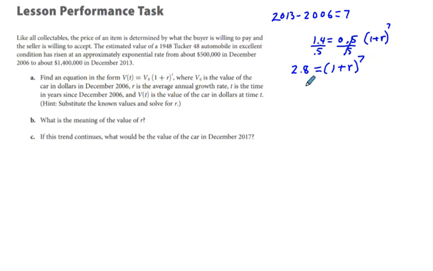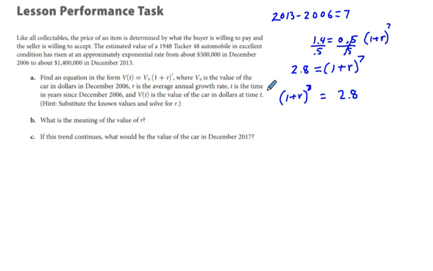Now to continue to solve for r, we can cancel this out by taking the 7th root. So I'm going to put this 1 plus r to the power of 7 on the left side, and on the right side, I have 2.8.